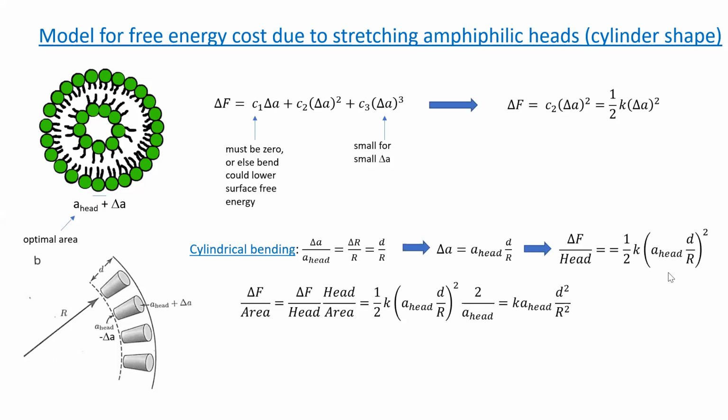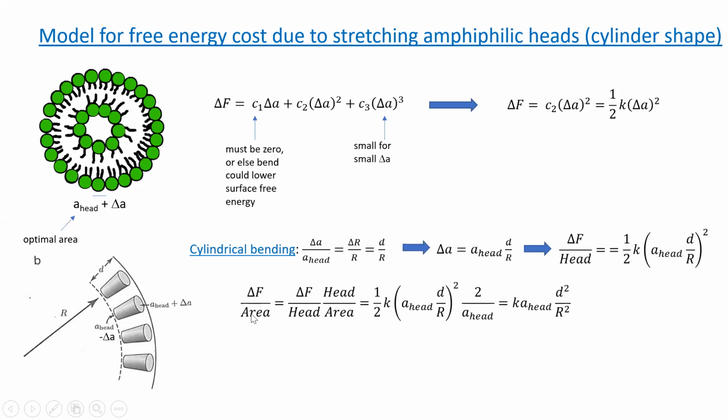But what we're really interested in is not necessarily per head, but the change in free energy per area, because that determines the surface tension and determines the shape that will actually be assumed by the planar bilayer.